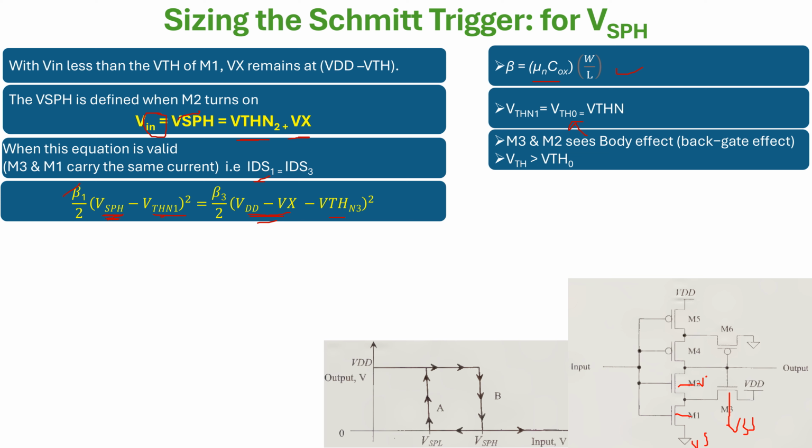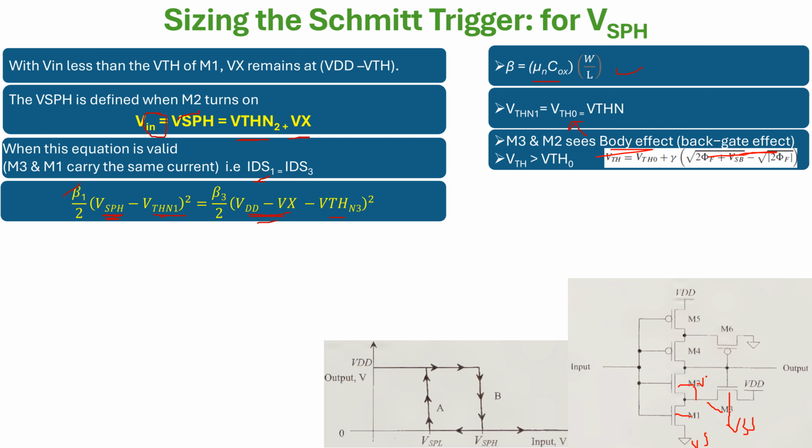So now M2 and M3 see a body voltage, a backgate voltage, the voltage at the backgate. So M3 and M2 see the body effect. We call this the backgate effect also. Naturally, VTH of M2 should be greater than VTH naught.